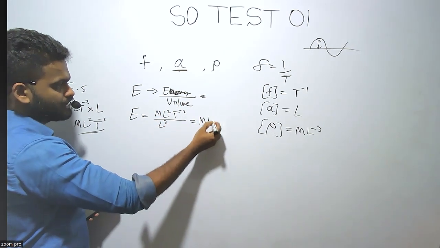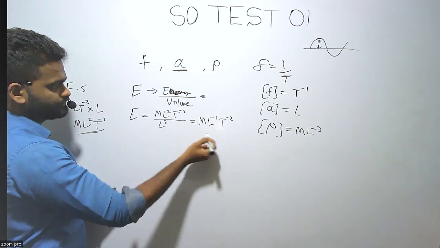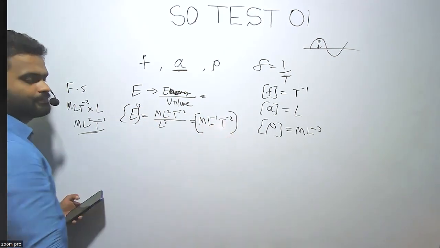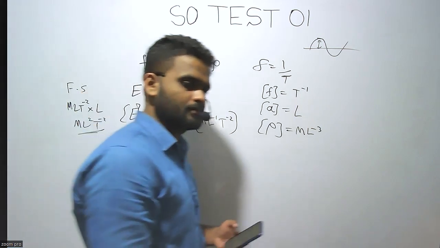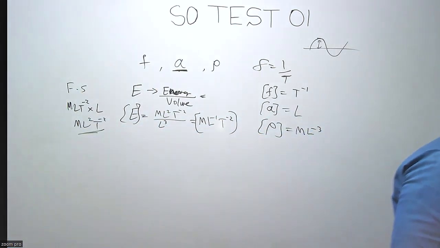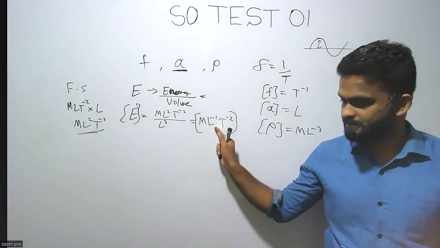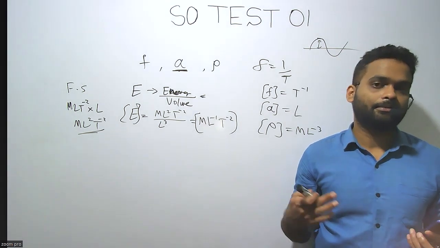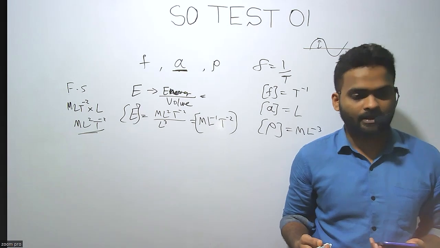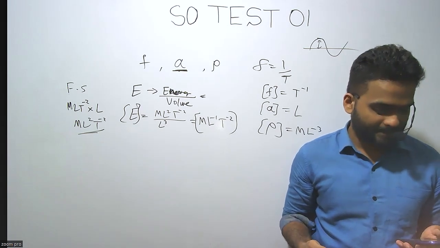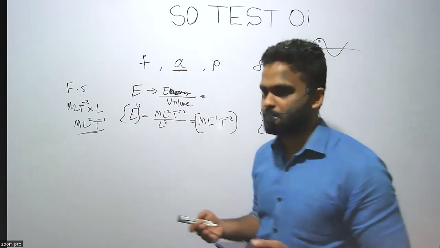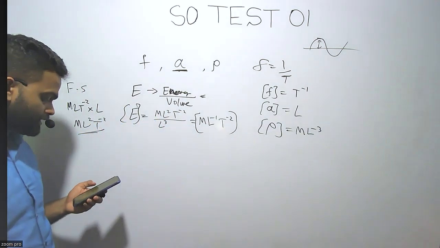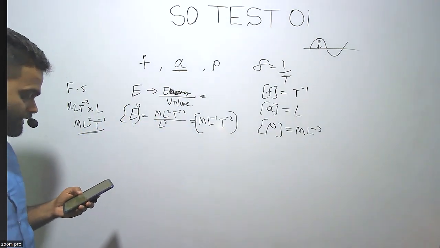So this becomes M L minus 1 T minus 2. That is the dimensions of energy per unit volume. Now we know all the physical properties here. We have been given A, B and C options. What they ask is which one could be the correct equation.